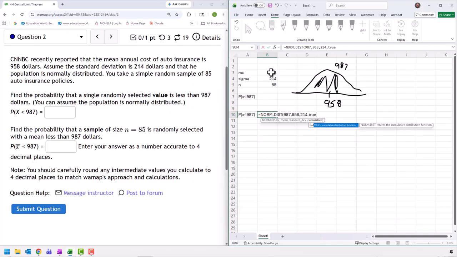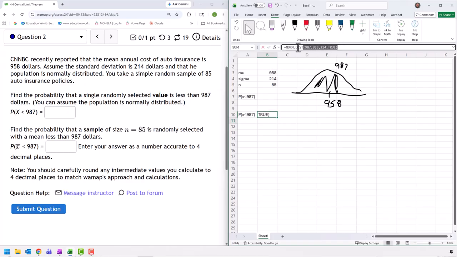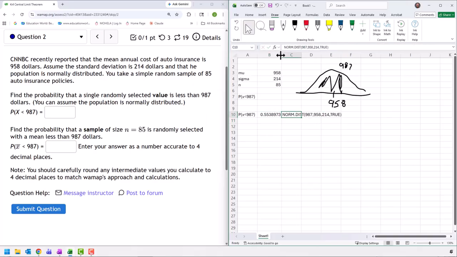And this is true because we want the area to the left of it. So for an individual value, we're talking about a probability like this. This is similar to what we have been doing: 0.5539.